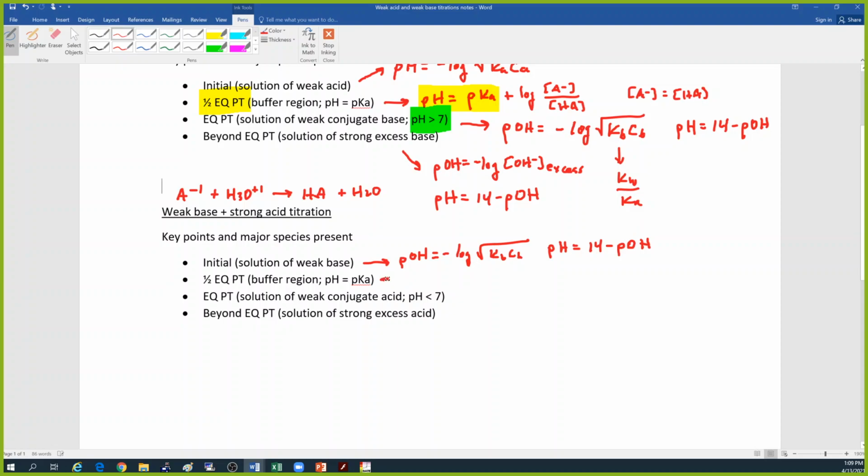The half-equivalence point is exactly the same as before. Here again, we just note that the pH equals the pKa because the logarithm piece falls away just like it did before. So let me just repeat it. Even though we started with base, halfway through the neutralization we have equal moles of weak base and weak acid.